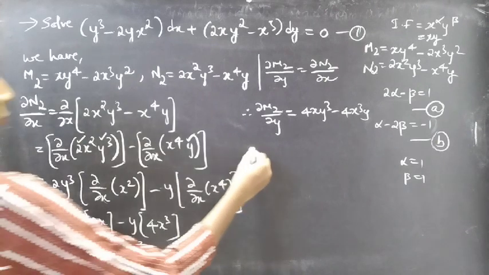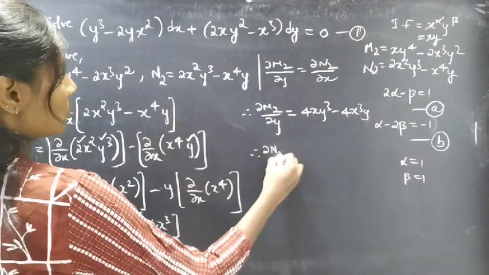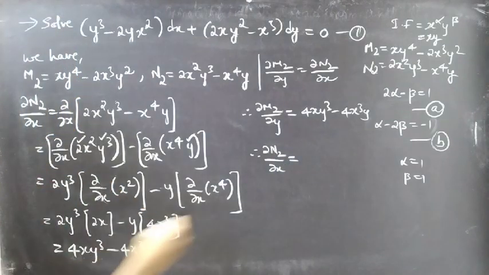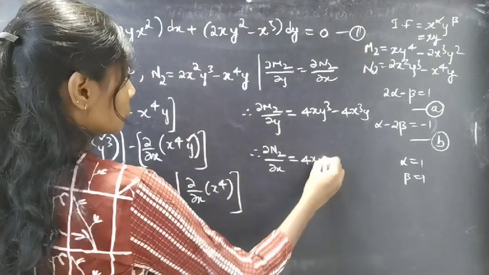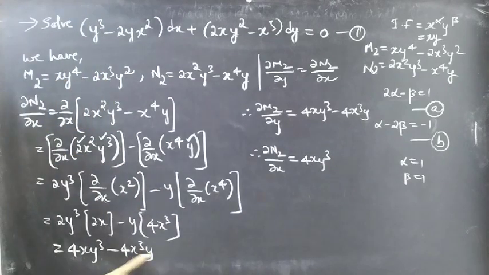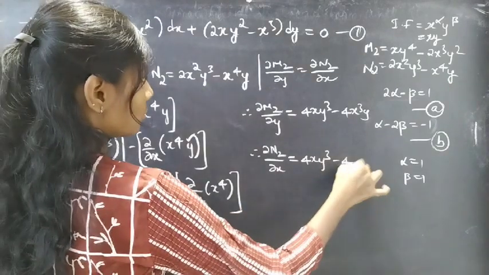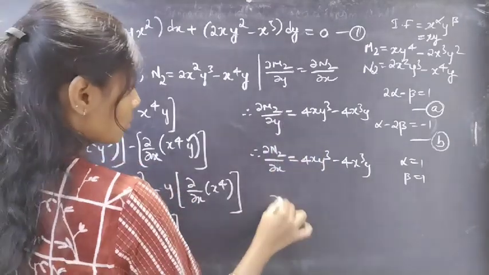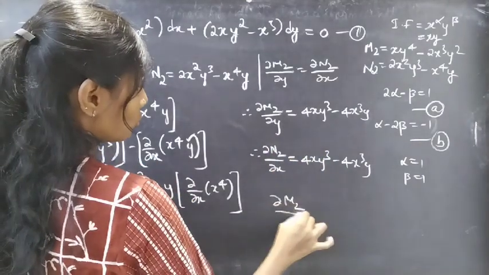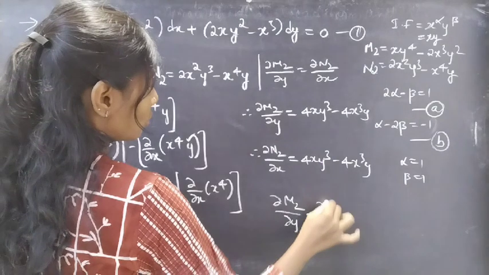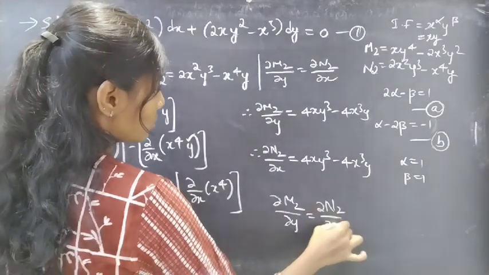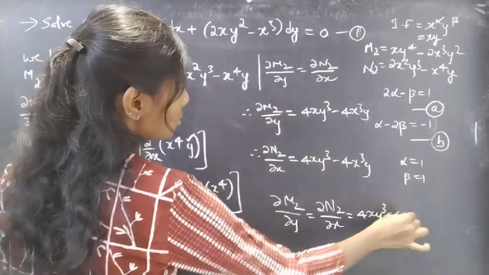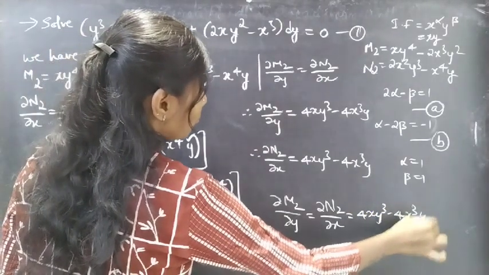Therefore, partial derivative of N2 with respect to x is 4xy cube minus 4x cube y. See, we got dou M2 by dou y equal to dou N2 by dou x equal to 4xy cube minus 4x cube y.